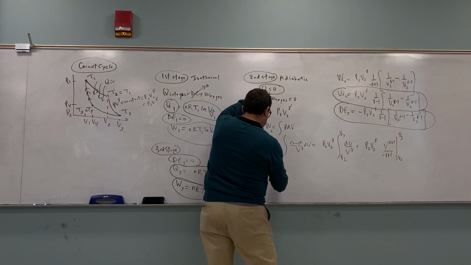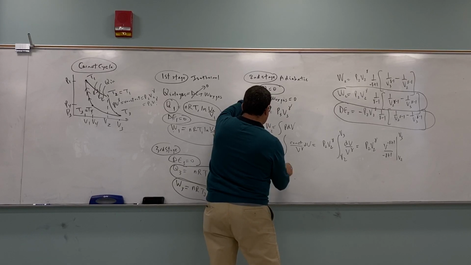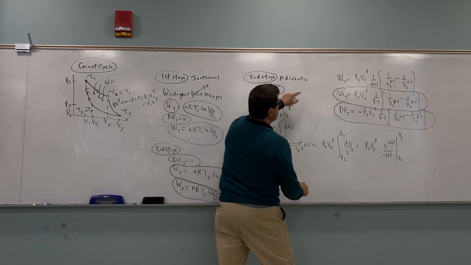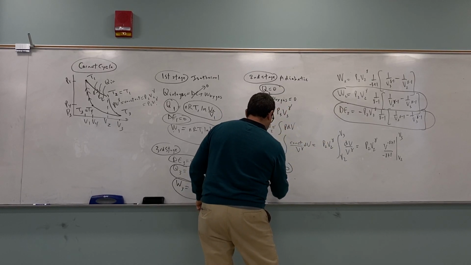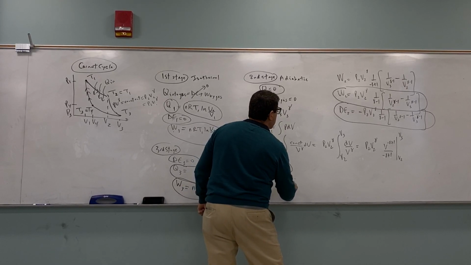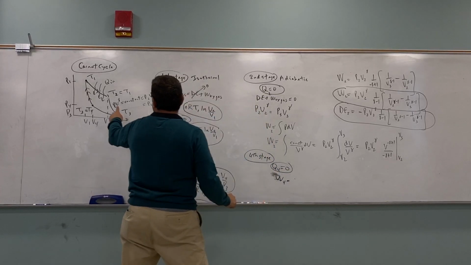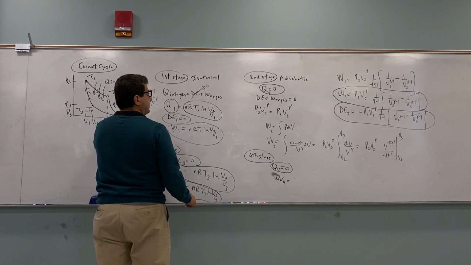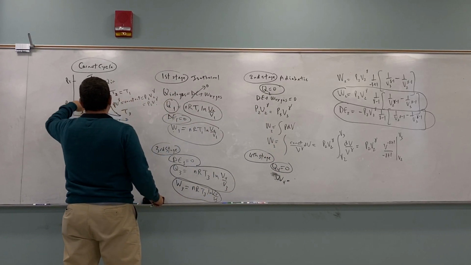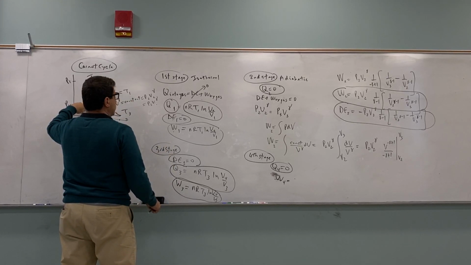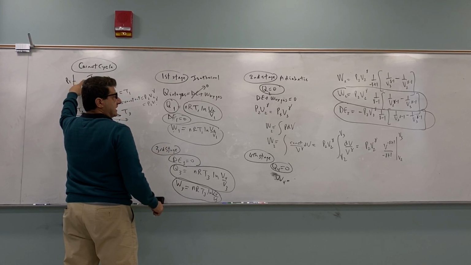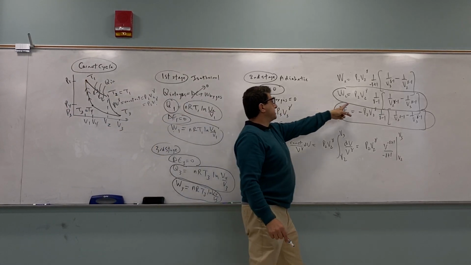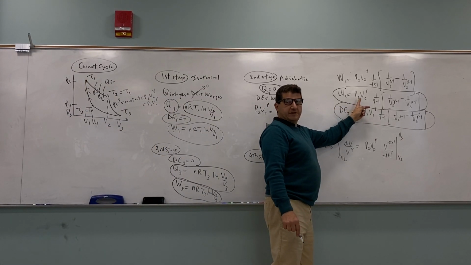Q4 is going to be 0. W4 is going to be what? P2V2 is P3V3. So now it's going to be P4V4 to the gamma, or I could do P1V1 to the gamma. So I could replace this by P4V4 to the gamma.